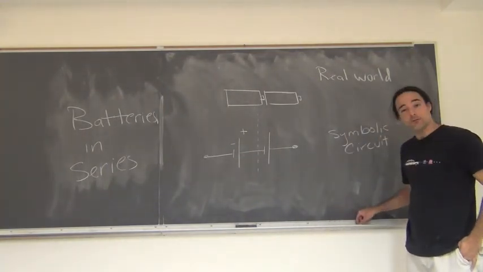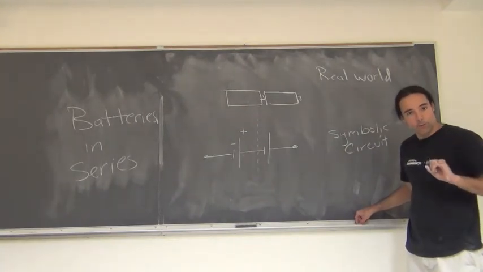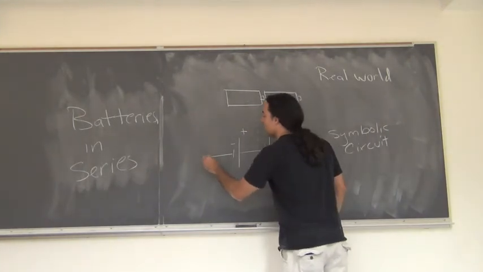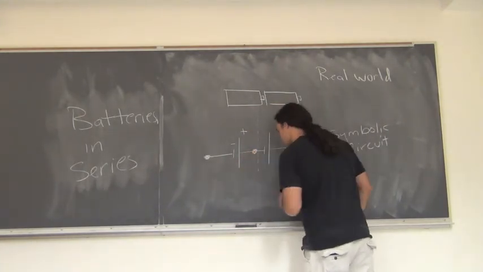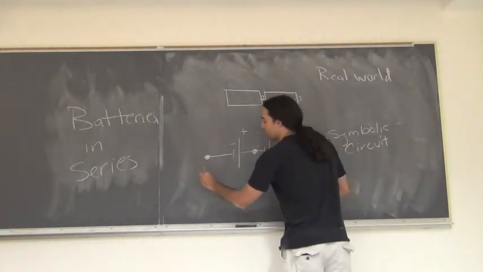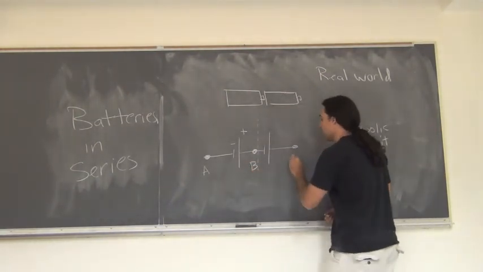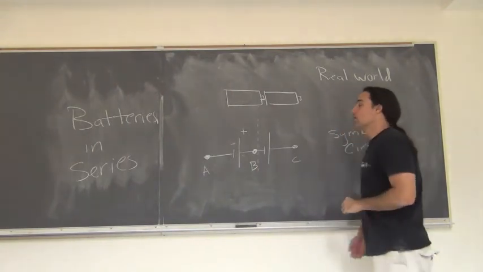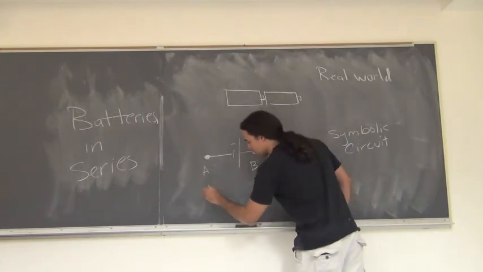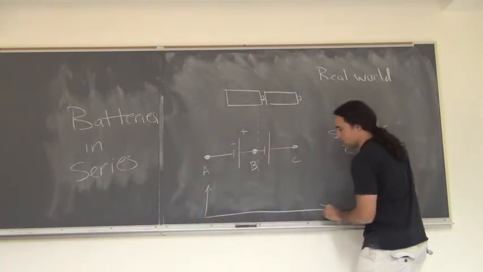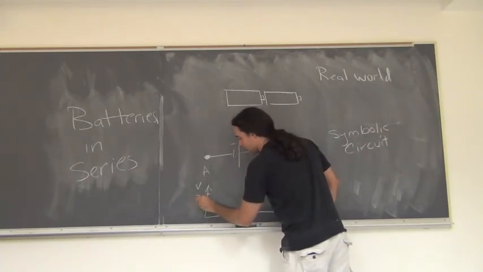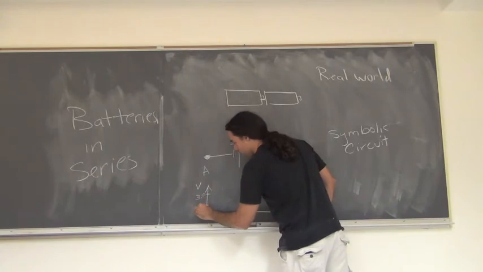Now, if each of my batteries is a 1.5 volt battery, what this would mean is that I have a voltage change from here to here of positive 1.5 volts. So we'll say this is point A, this is point B, this is point C. Well, my voltage, if I were to plot it, say this is 3 volts, here's 1.5 volts.